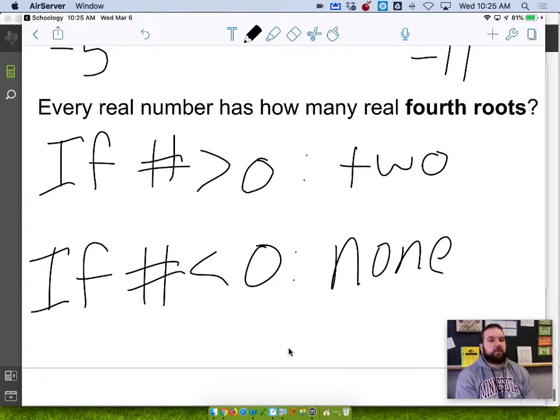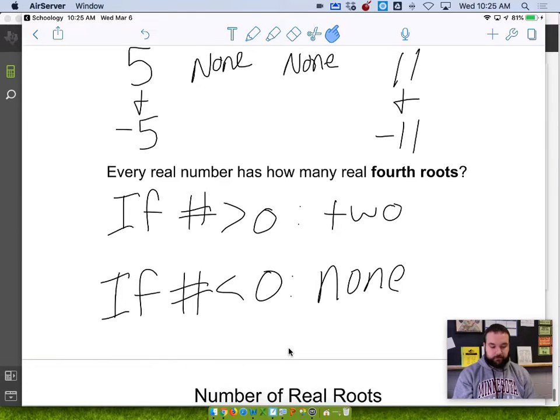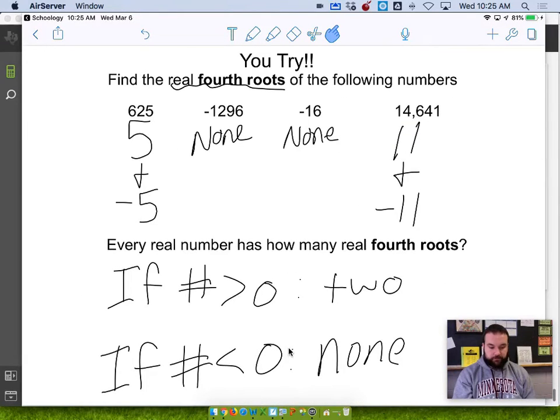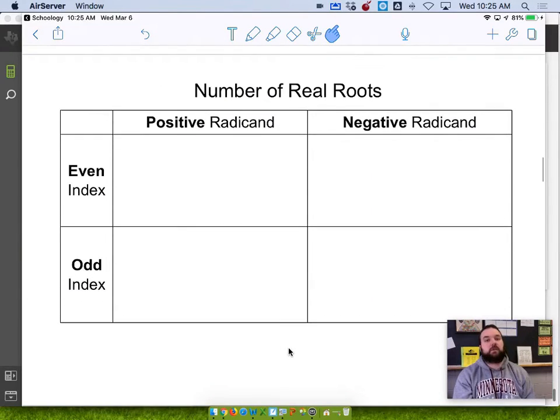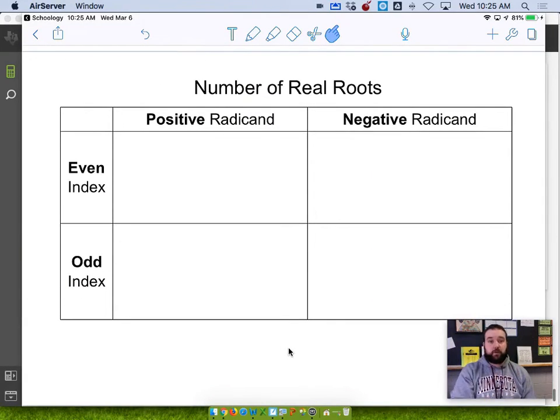And that's something you're probably quite familiar with for square roots, but we don't do it with fourth roots all that often. So third roots, every number has 1 third root, and then positive numbers have 2 fourth roots. The same is true for sixth roots and so on.